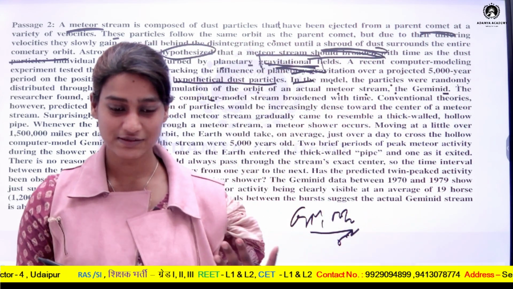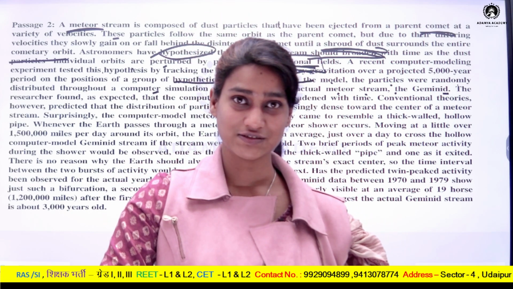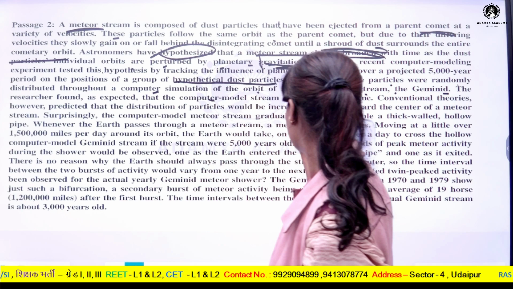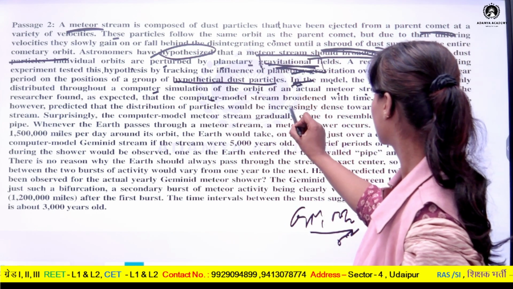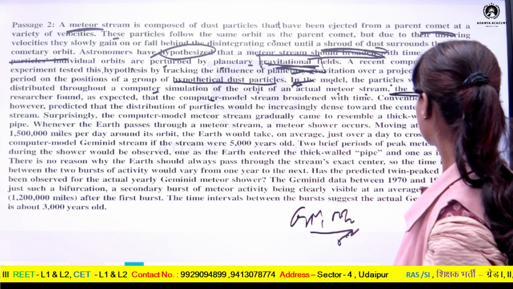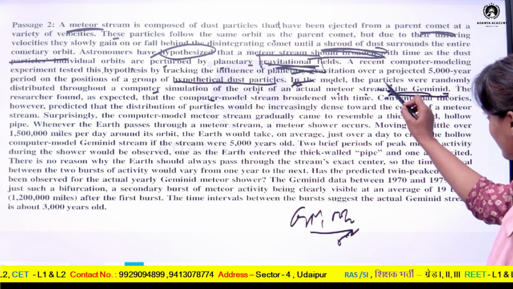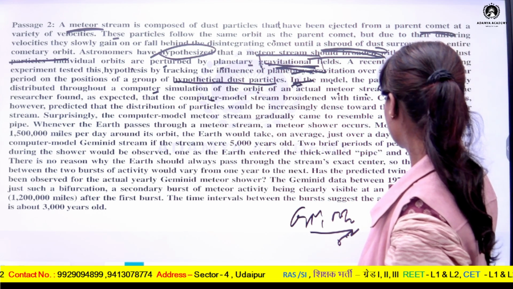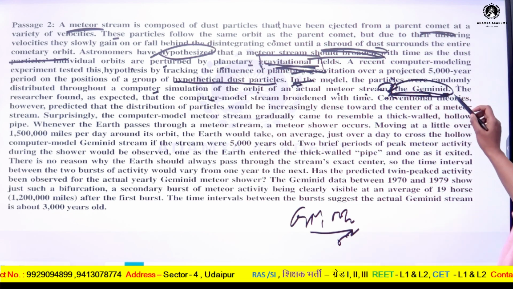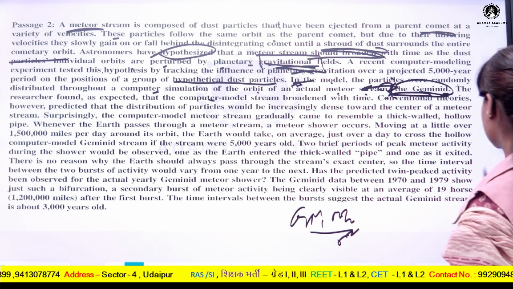So these dust particles were subjected to the actual meteor stream, which is called the Geminid. Whenever there is a comma and after that a noun is given, then generally that noun is the conclusion of what is written previously in that sentence.